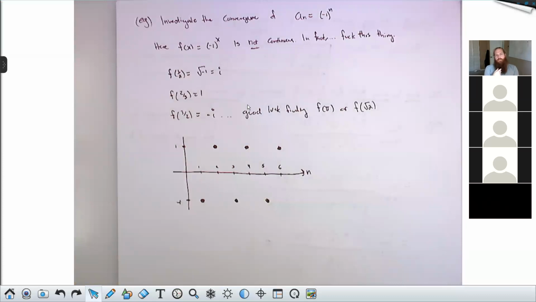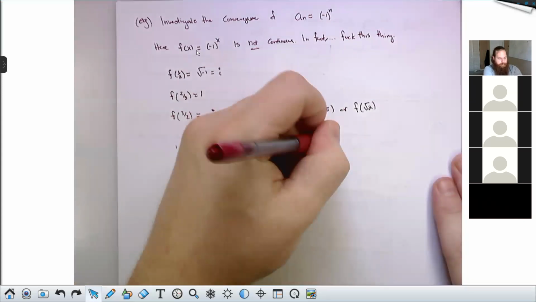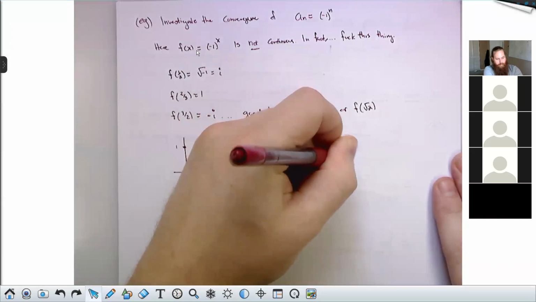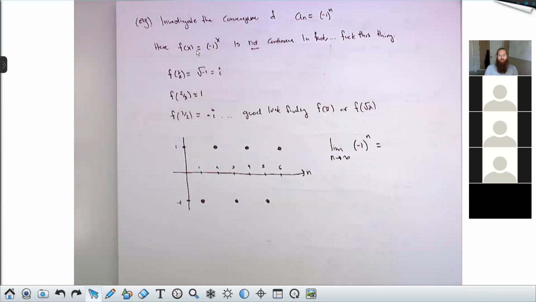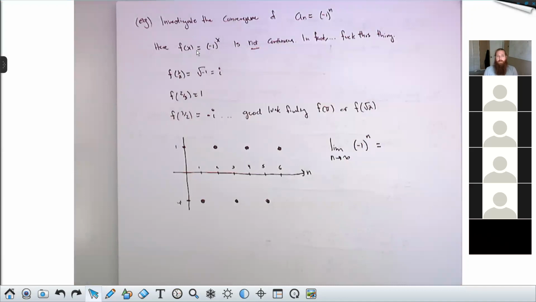So does this sequence have a limit? I'd like to see some thoughts. What would be some reasonable possibilities for this limit?